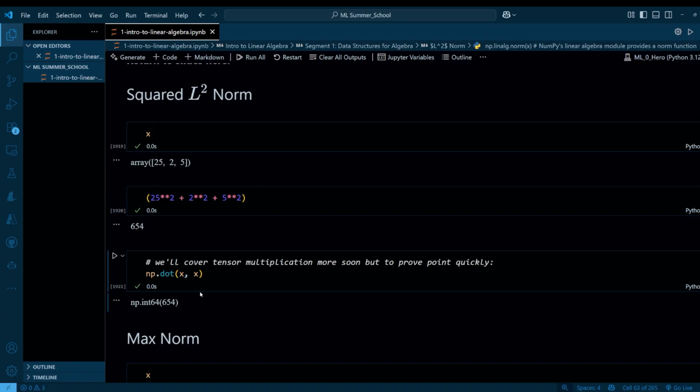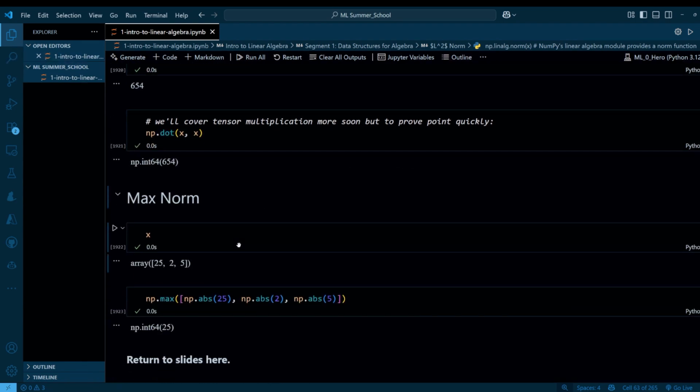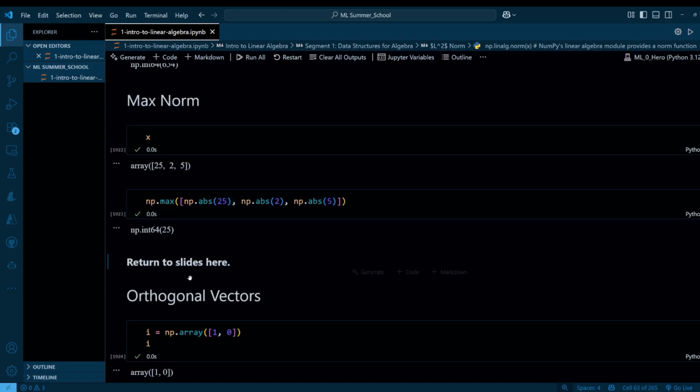There are a lot of ways you can understand, a lot of things you need to know, but surely once you do a lot of practice, you will understand what to do. And for the max norm, you can get the max value from here. You can see 25, 2, 5. If you use the max, basically you get the max value, which is basically 25, right?